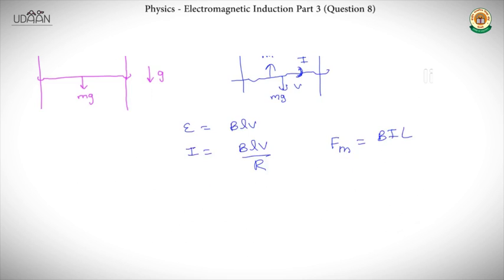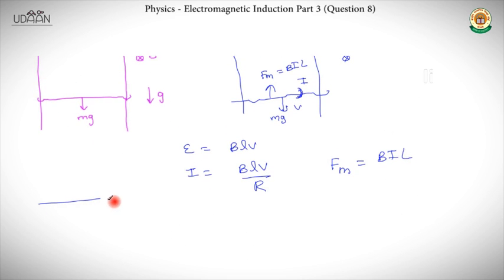So the total force acting on the rail would be mg in downward direction and BIL in upward direction. So the effective acceleration of the rail in downward direction would be like this: mg minus BIL equals m into dv by dt, and this is the differential equation.